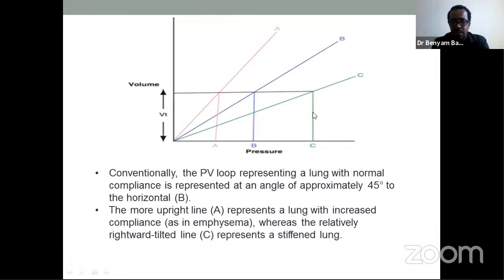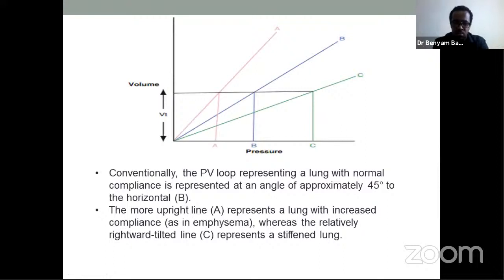Whenever we have poor compliance, the loop would be more inclined to the x-axis. You'll see the inspiration coming from here, going like this, followed by expiration here. So compliance would be assessed by how the loop is oriented.